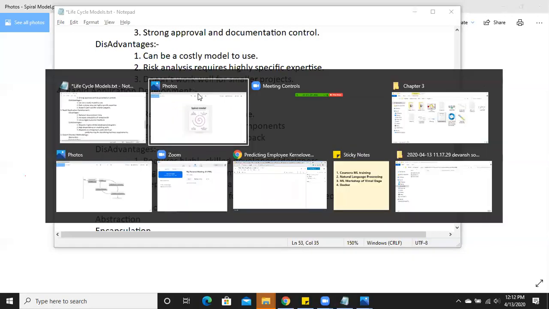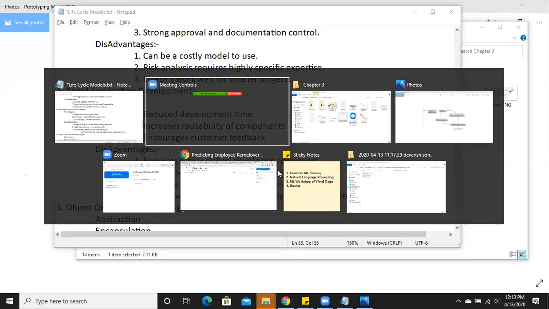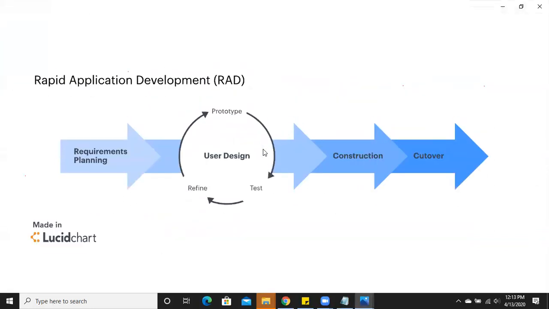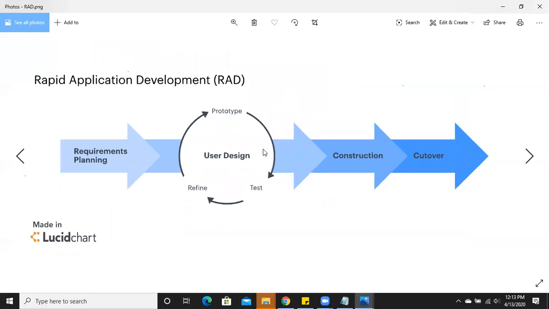Let me show you the diagram so that you can understand more clearly. There you go. Basically each and every model involves the same steps, just the execution plan is different, right? So in this requirements planning, we will negotiate with the customer what his requirements are.